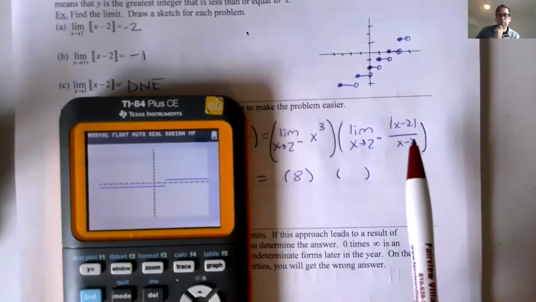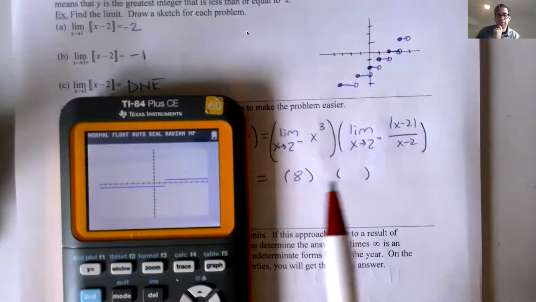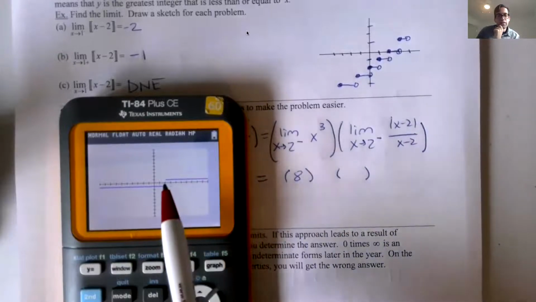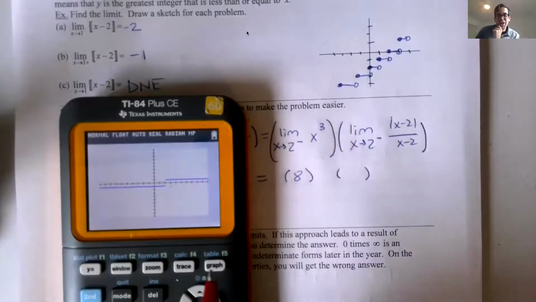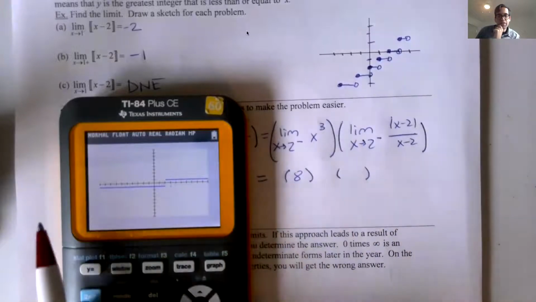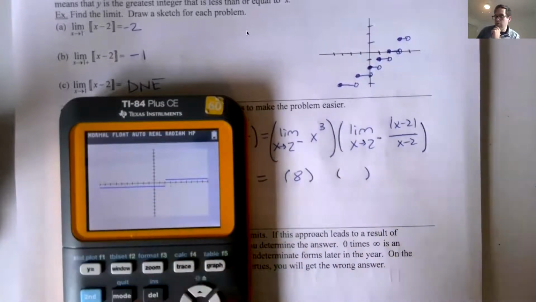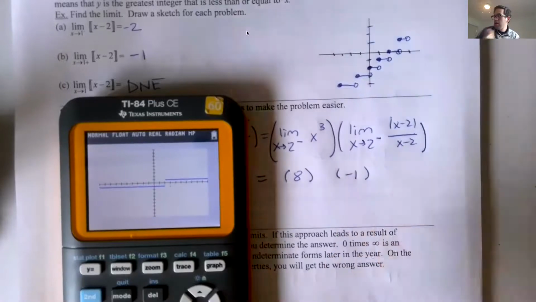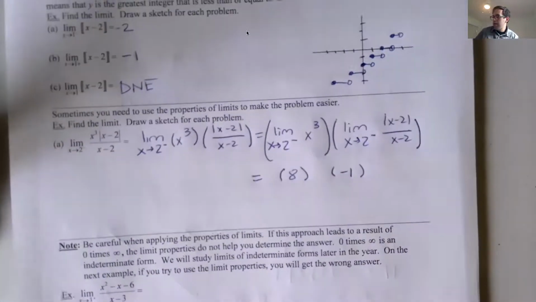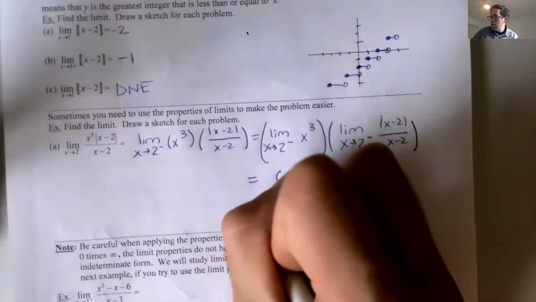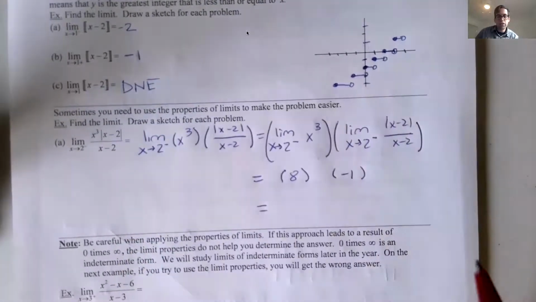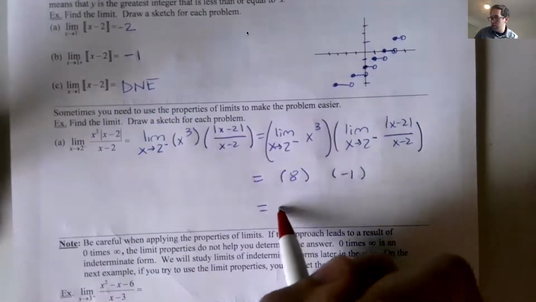So it's always either going to be +1 or -1 because of the absolute value. And at x equals 2 is where it switches. So we're approaching from the left. So it's going to equal -1. And if we wanted to do a rough sketch of that, we could. I'm not going to actually force us to draw a sketch here. I think this is fine. So we have 8 times -1, so we get -8.